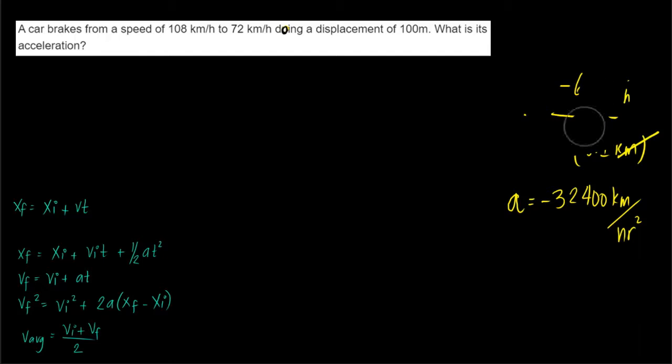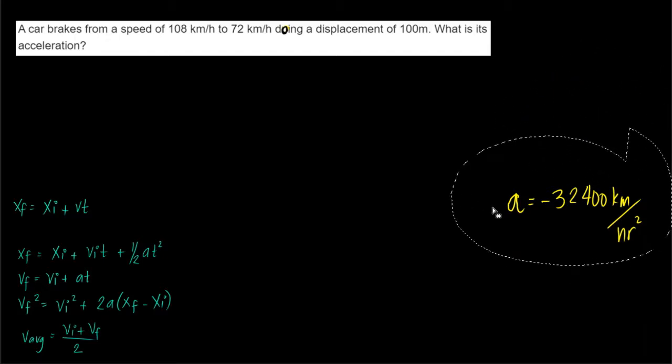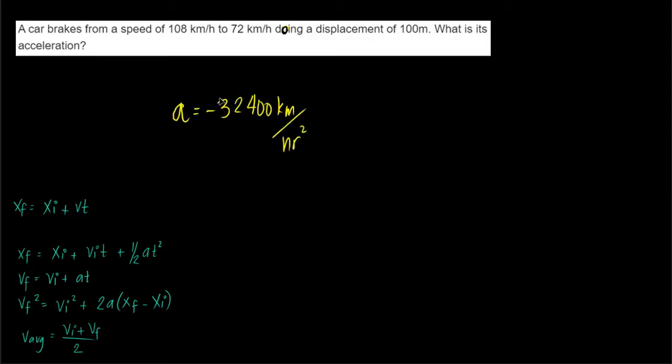All I need is this value for acceleration: negative 32,400 kilometers per hour squared.